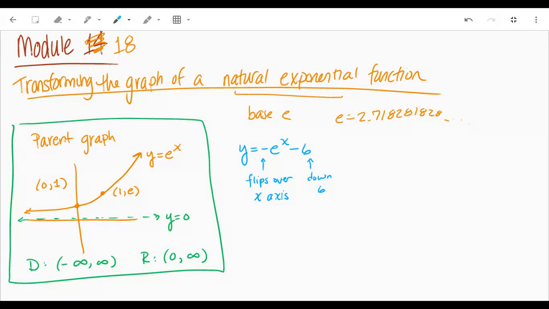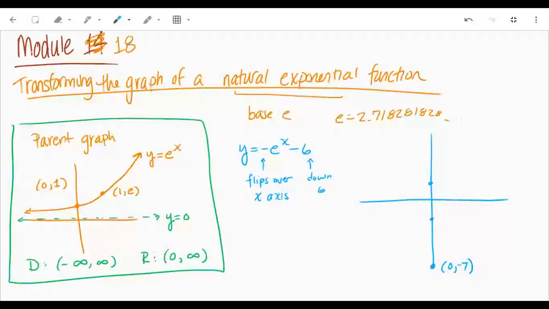I think in Alex, you only have to do one point and the asymptote, I believe. So we're going to take that point at 0, 1 that was on our original graph. We're going to flip it over the x-axis, so we're at 0, negative 1. And then we're going to shift it down 6 units, so we actually end up at 0, negative 7.